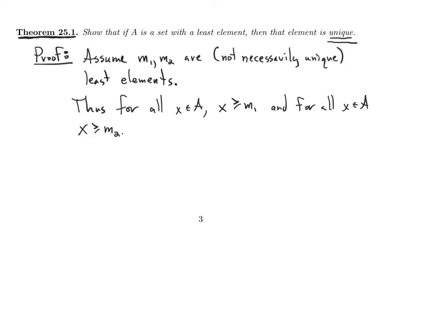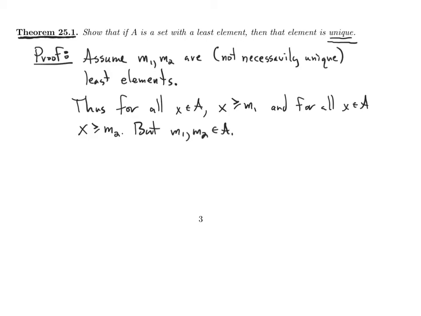Okay, now that we're back, one of the keys to this, in fact the key, is that M1 and M2 are elements of A. Least elements are, of course, elements of the set that they're the least element of. So we know M1 and M2 are elements of A. So, if this is true for all elements of A, it's going to be true for a particular one, so it'll be true for M2.